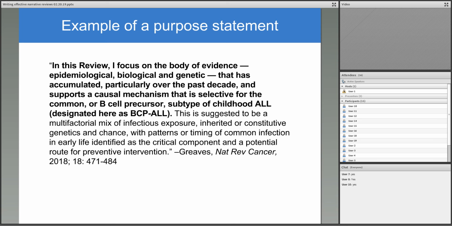And that's followed by, closely related, a summary of the rest of the review. So, in other words, the purpose of this review is interpreting and integrating a body of evidence into a coherent model.